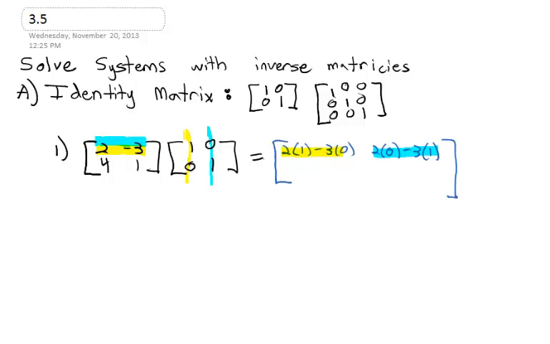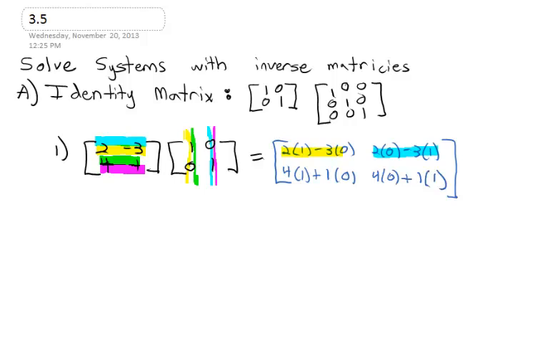Now underneath that, second row, first column. That's 4 times 1 plus 1 times 0. And finally, the second row, second column, where we have 4 times 0 plus 1 times 1.